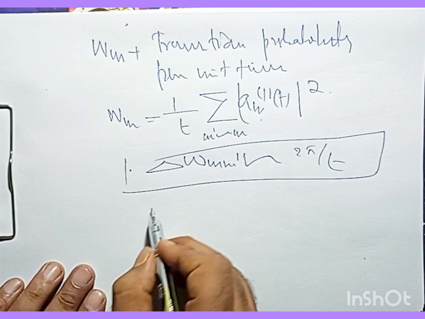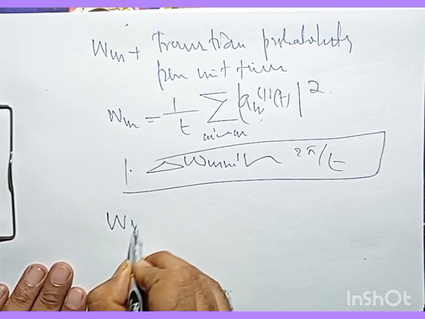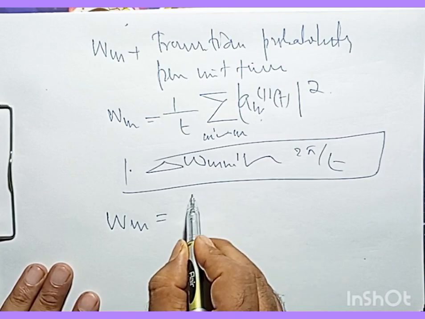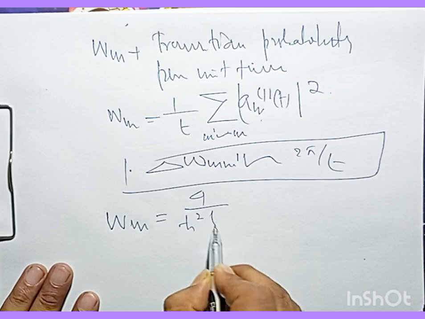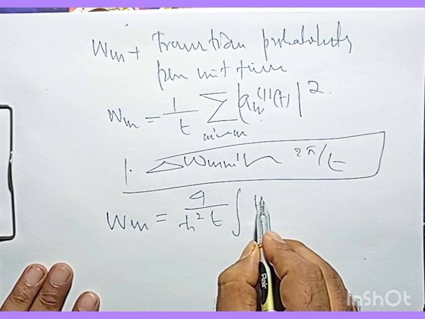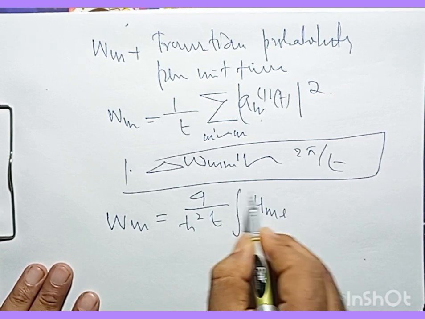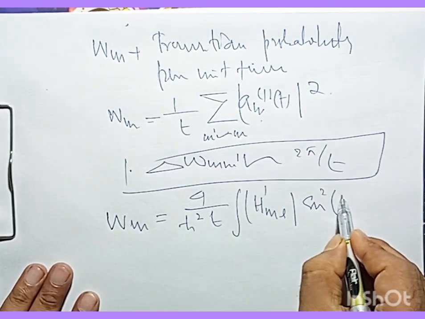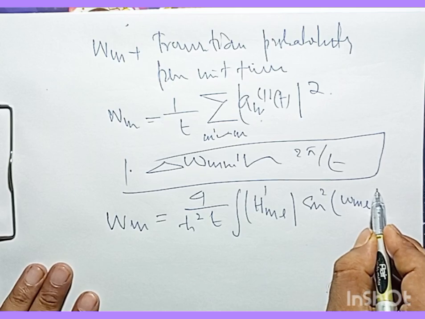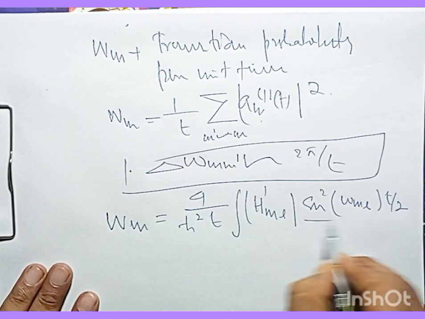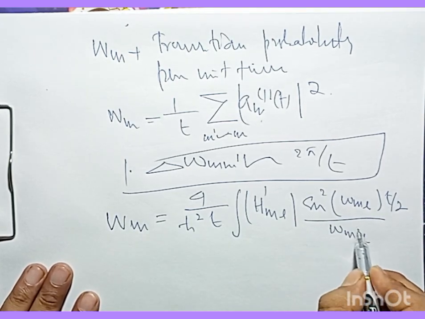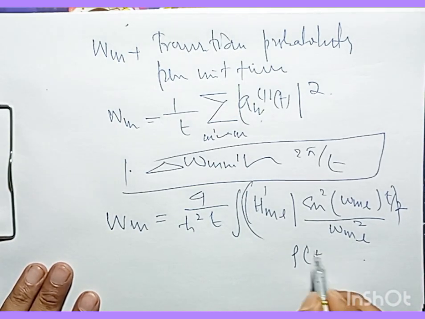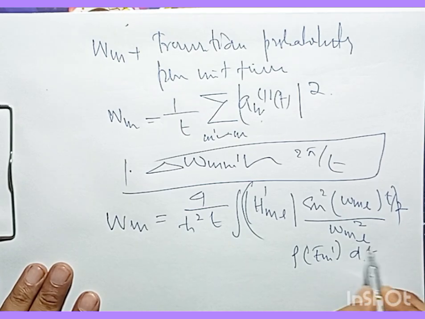We can write down this Wm, and what comes out is 4 by h cross square t integral H ml dash sine square omega ml t by 2 by omega ml square, multiplied by rho Em dash dEm dash.